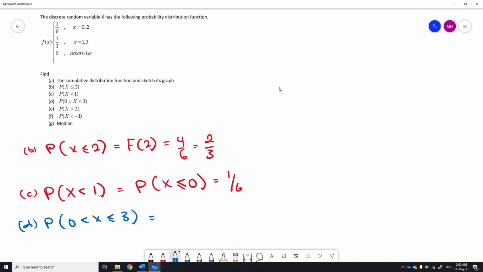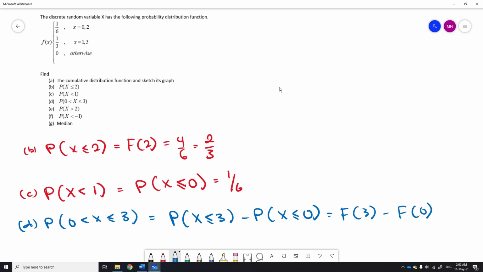This is equal to probability of x less than or equal to 3 minus probability of x less than or equal to 0, and also equal to f3 minus f0. So that is 1 minus 1 over 6 equal to 5 over 6.